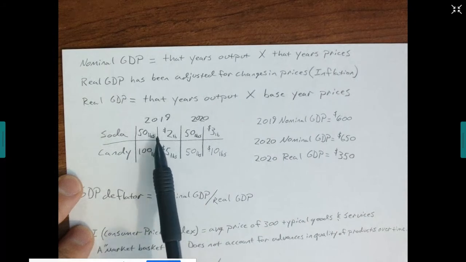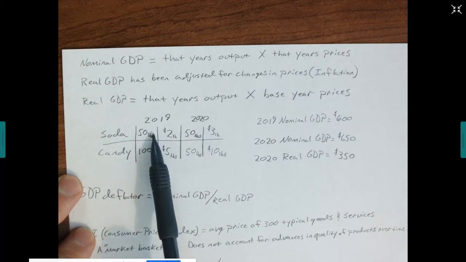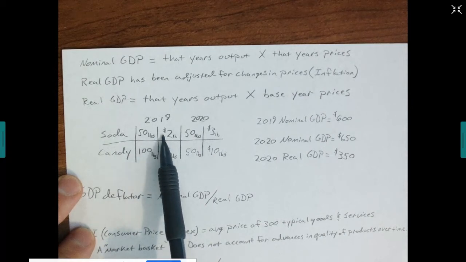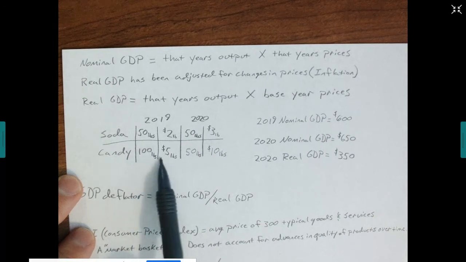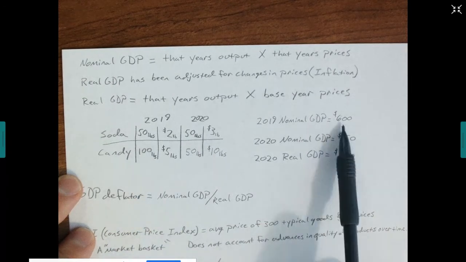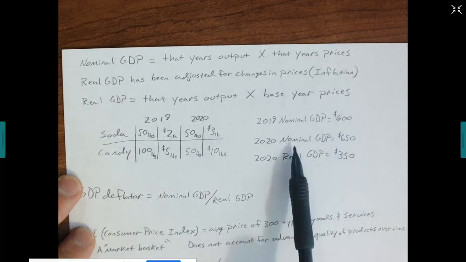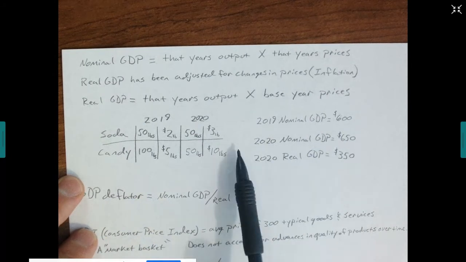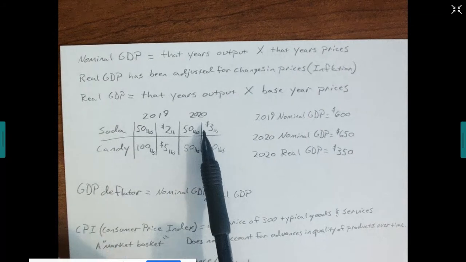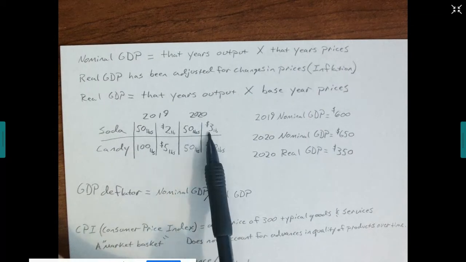So in 2019, the economy produced $100 worth of soda and $500 worth of candy to get you a total amount of $600 in GDP. The nominal GDP in 2020, we take a look at it and say, oh, well, they produced 50 pounds, but now it's $3 a pound.